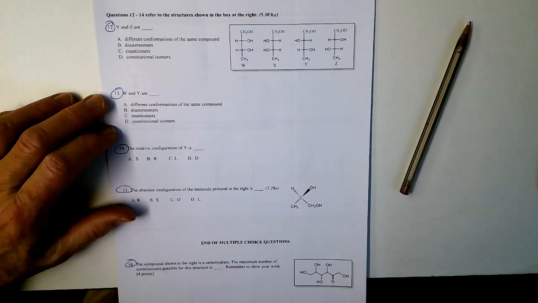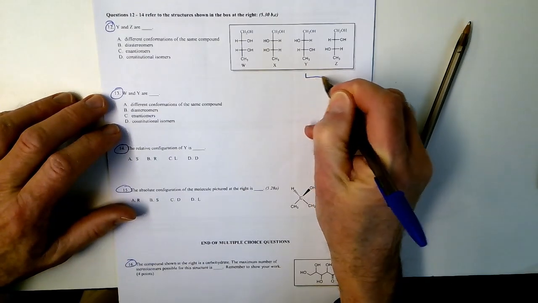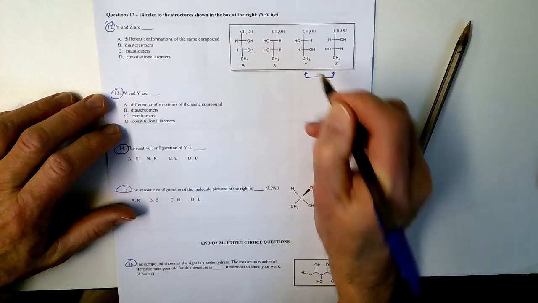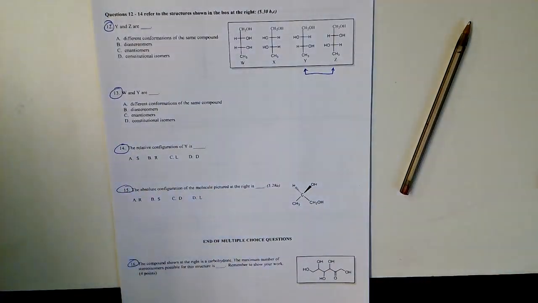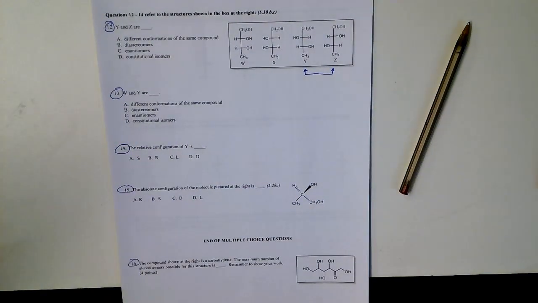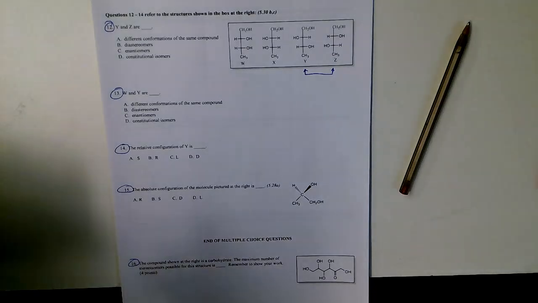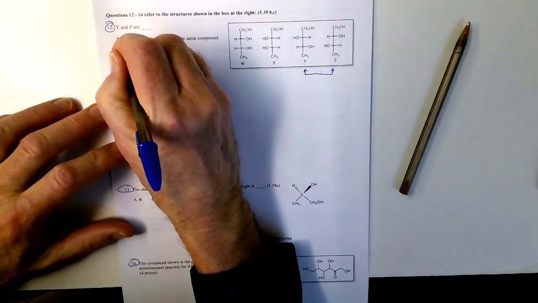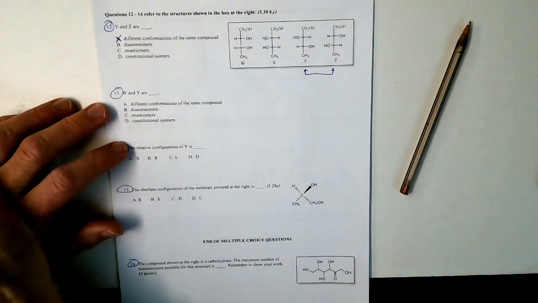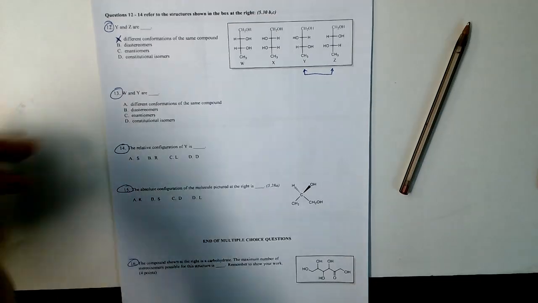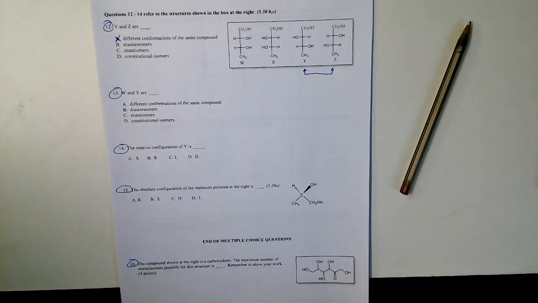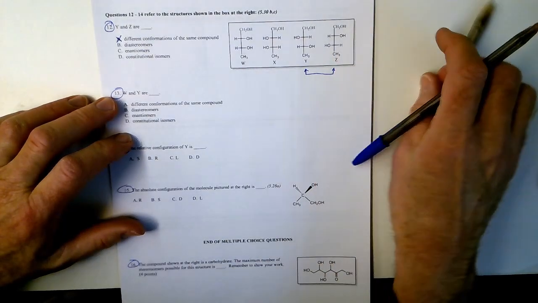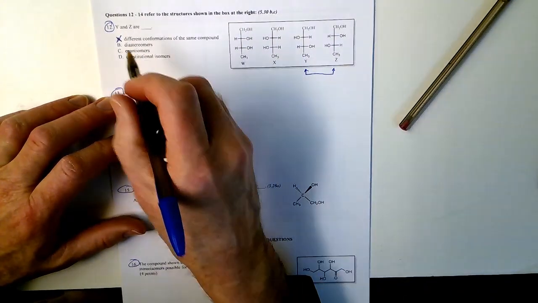So we're starting off by comparing Y and Z. Those two. And what you want to look at is, are they different conformations of the same compound? No. You can't convert one to the other just by rotating around bonds. The next two you might want to think about pretty seriously, but let's look at constitutional isomers.